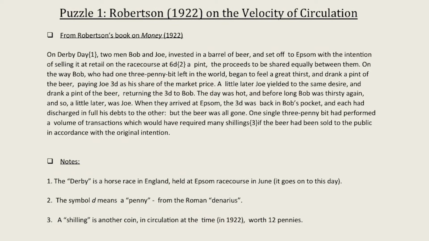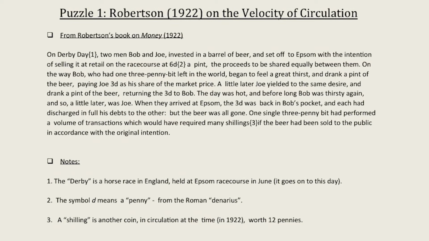The day was hot, and before long, Bob was thirsty again, and so a little later was Joe. And you can see what's going to happen. When they arrived at Epsom, the 3 pence, the 3-penny bit, was back in Bob's pocket, and each had discharged in full his debts to the other, but the beer was all gone.